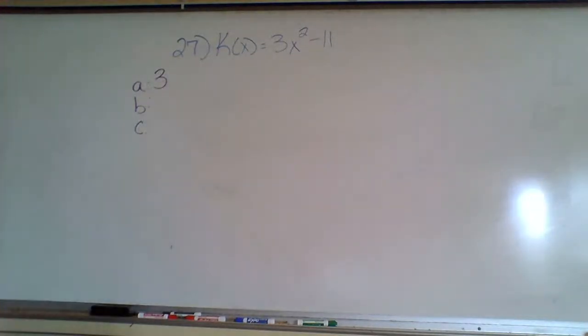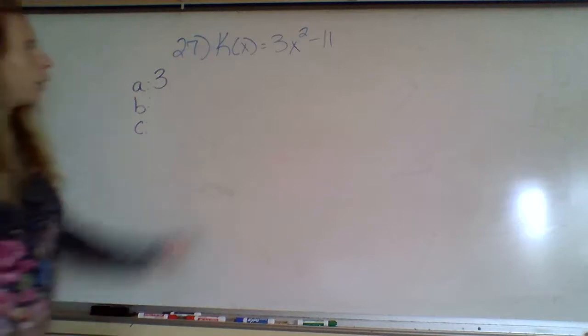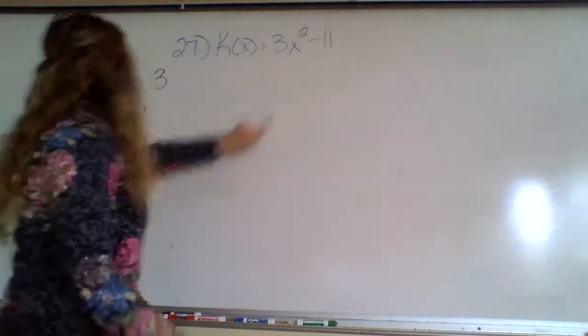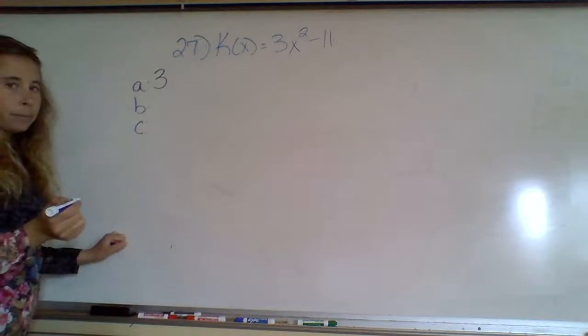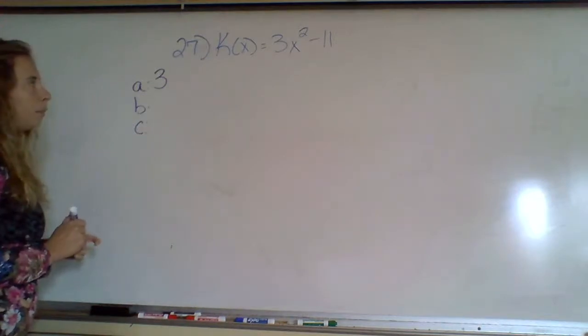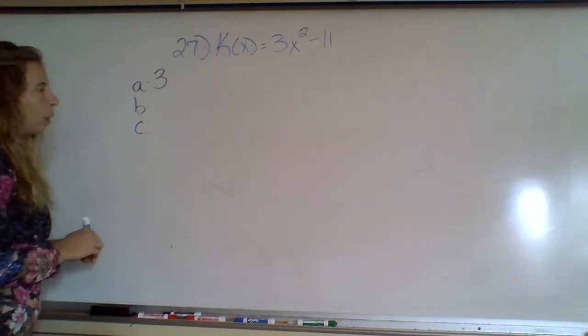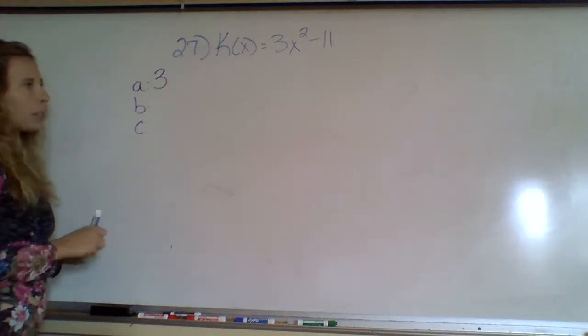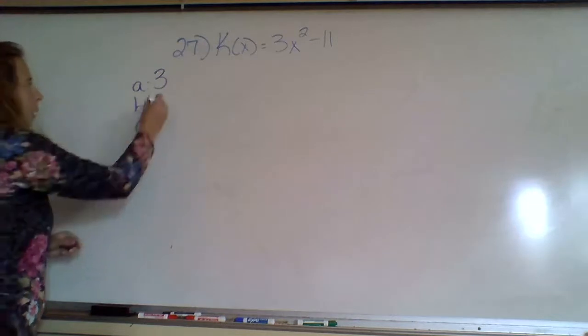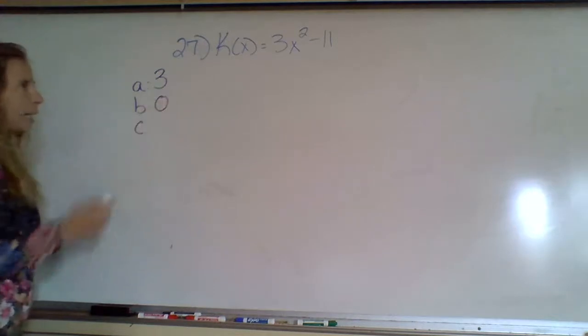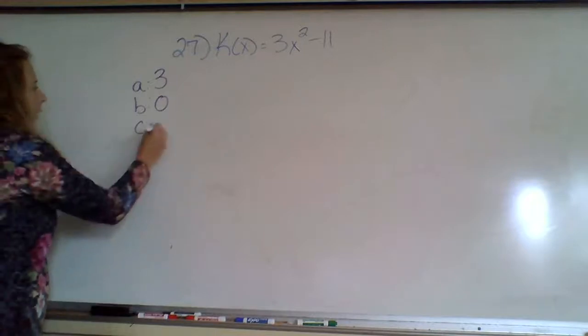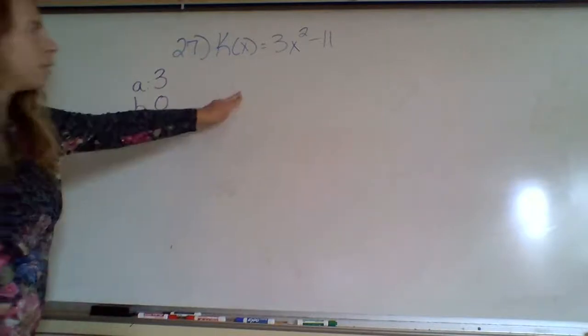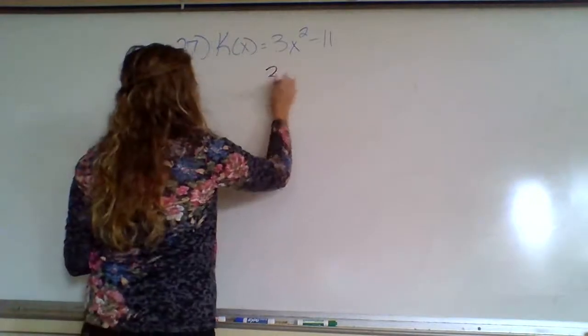B is best friends with x. Well, there's no number here with just an x. So what does that mean? Don't say it's 1, because it's not 1. There's no bx term, so B is 0. And C is the term all by itself, so it's negative 11. You can always rewrite this and fill in the missing term.